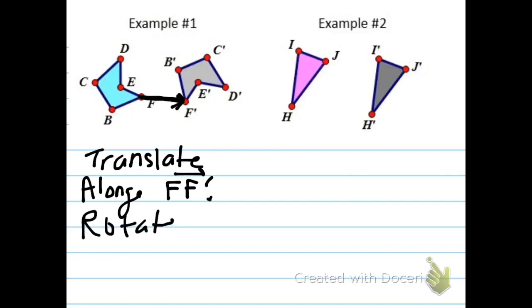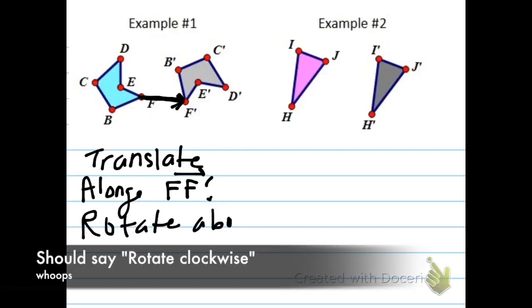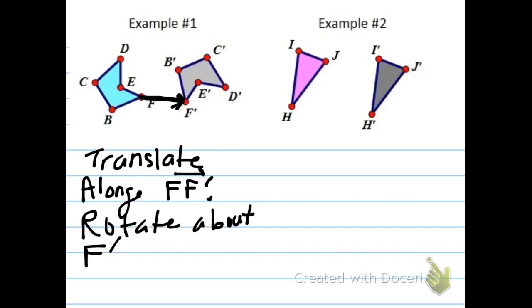So you would then rotate about point f or f prime, because they're already on top of each other, so that d maps onto d prime. I wish I could move this particular shape, but it doesn't cooperate quite that way.